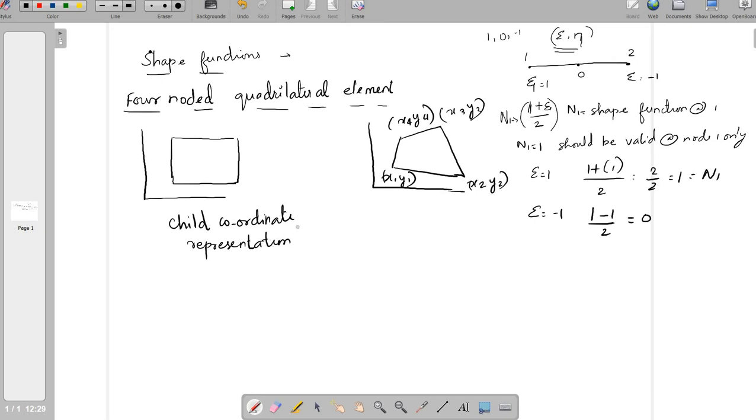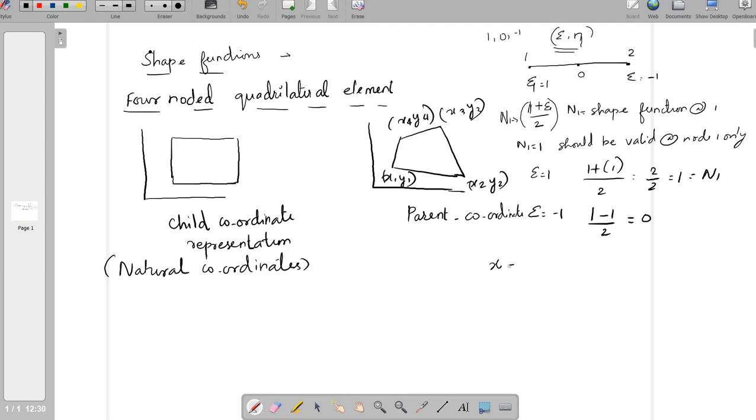The other one is the parent coordinate representation. The child coordinate is generally in terms of natural coordinates. What are natural coordinates? In terms of 0, 1, minus 1. So our shape function is in terms of natural coordinates.